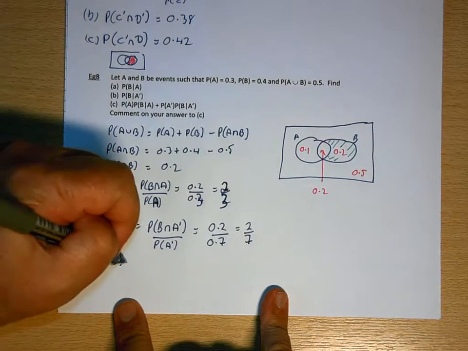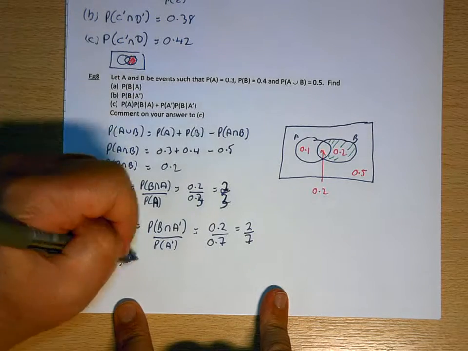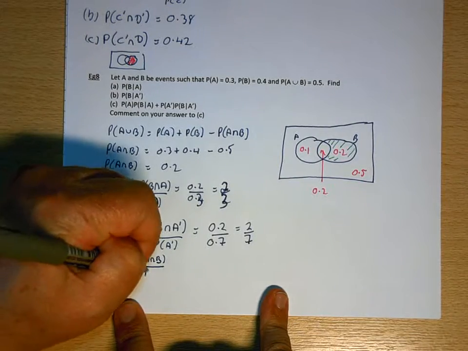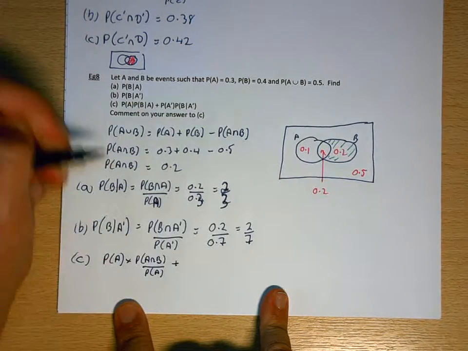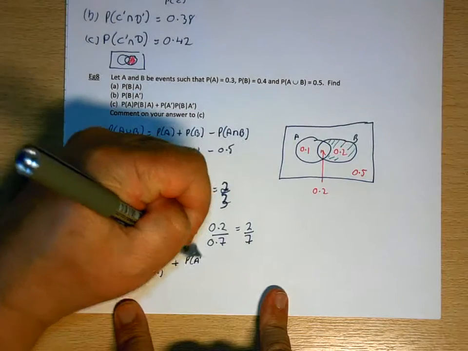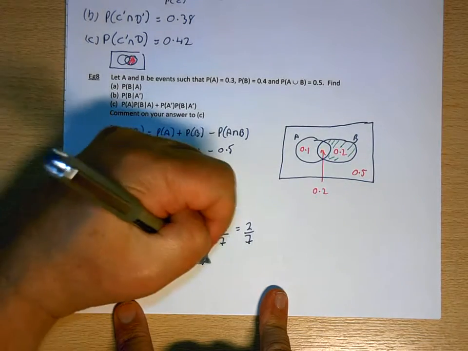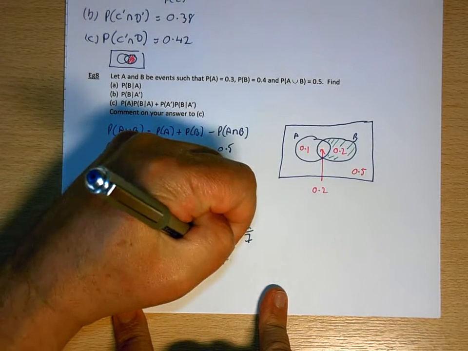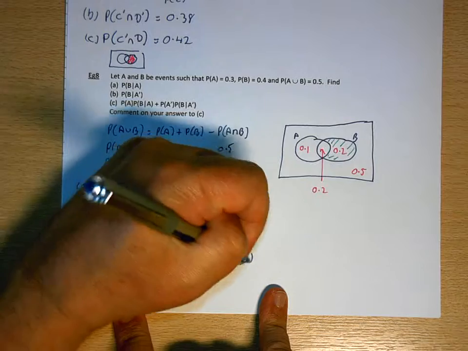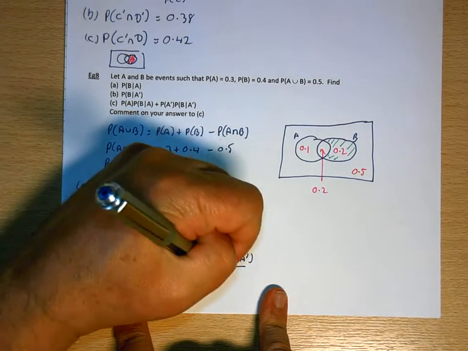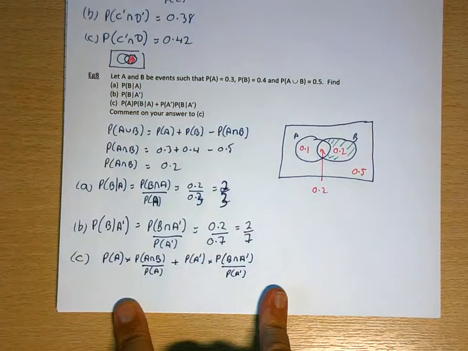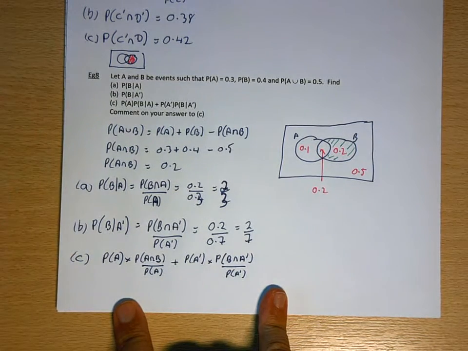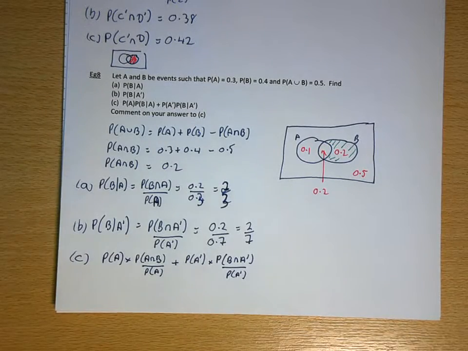So probability of A multiplied by B given A is A and B over probability of A, plus the probability of A not occurring multiplied by B given not A. So I just replaced the conditional probability form with the other part of that formula.